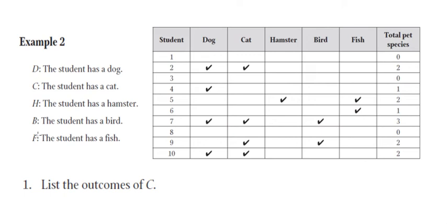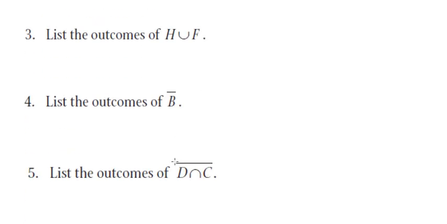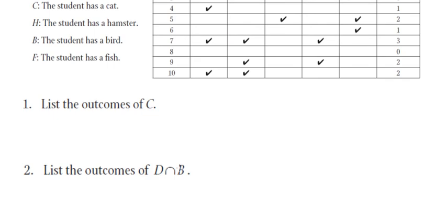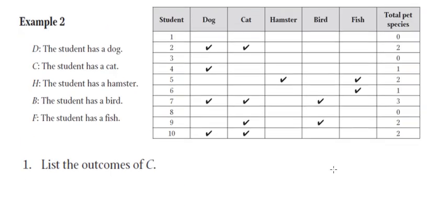So we have these letters here, and each one of these letters represents the animal that we're talking about. And then we have some symbols that are going to help us figure out what it is asking for. So in the first question here, it's asking us to list the outcomes of C. If it wants us to list the outcomes of C, it's just asking us what are all of the things that could be C. So it's asking us who are all the students that have a cat.